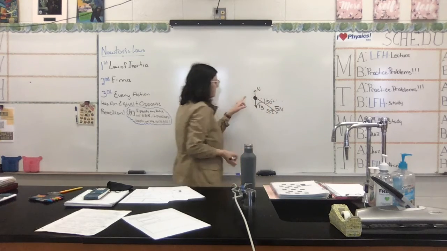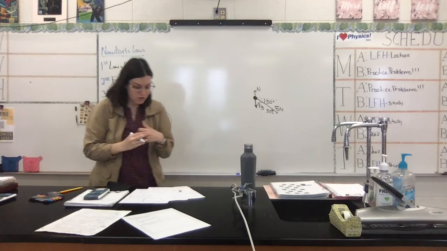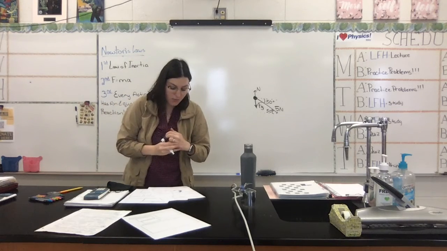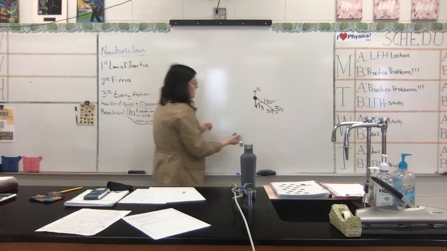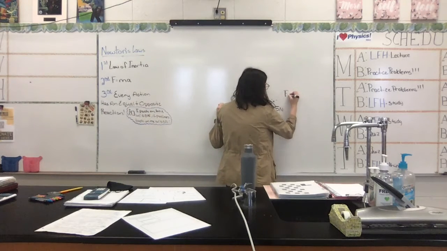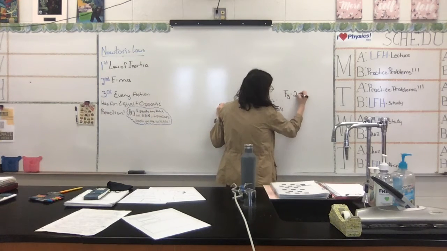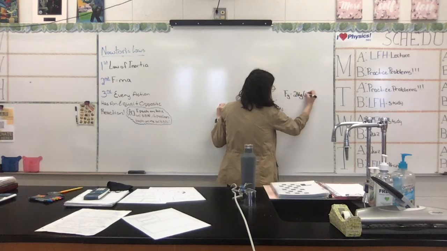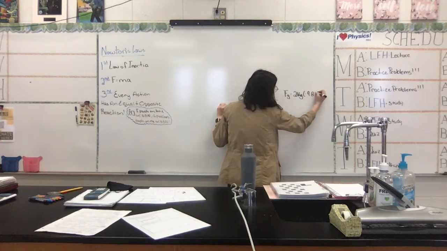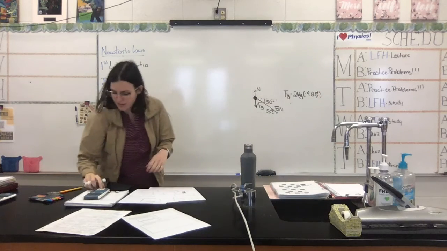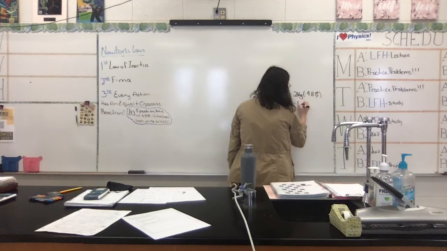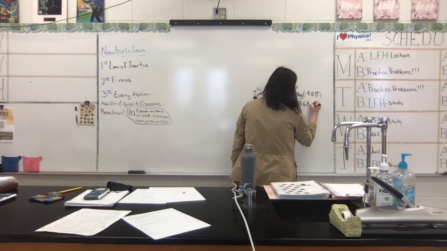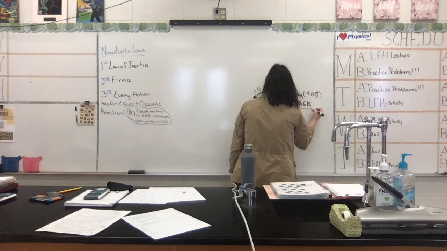And don't forget, since the broom's on the ground, we're also going to have a normal. Now, what we're asked to find is the normal force. So to start with, let's find what our force of gravity is. We know that the broom is 2 kilograms, so we're going to want to multiply that by negative 9.8 meters per second squared, which means that our force of gravity is negative 19.6 newtons.